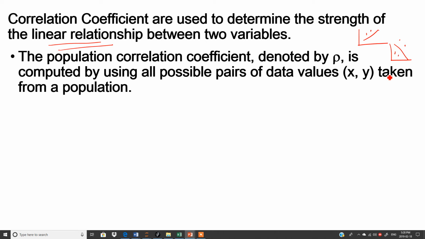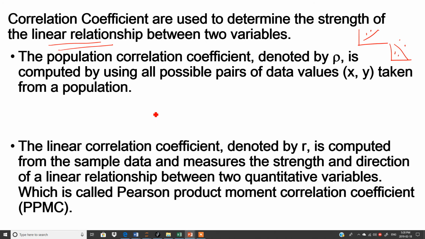Correlation coefficients are used to determine the strength of the linear relationship. Linear means line. So if we are considering the population, then the correlation coefficient is denoted by ρ, or you can say P. But here we are using the sample. So for a sample, we use the letter R. This is called the linear correlation coefficient of sample data.